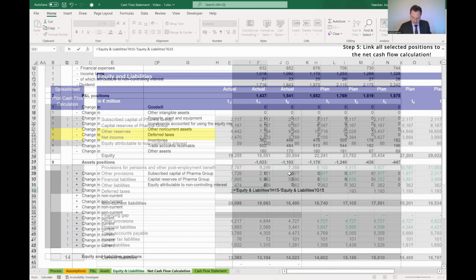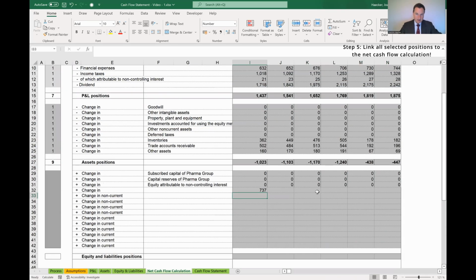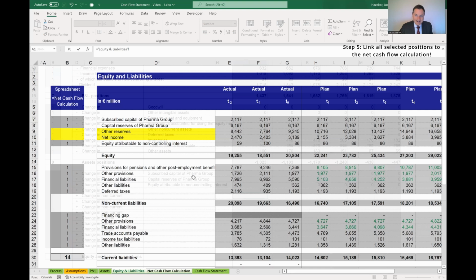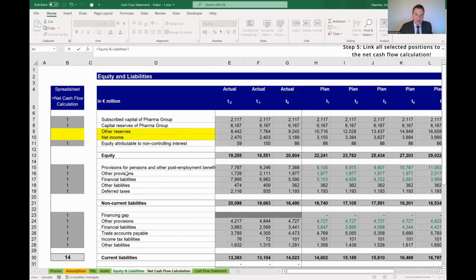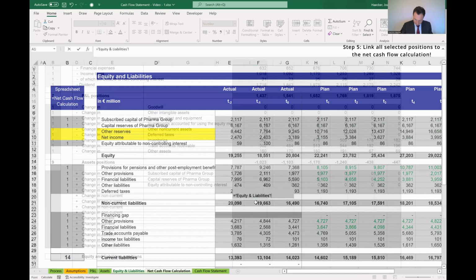It's 737. Then we take the change in other provisions, the change in other financial liabilities, the change in financial liabilities, then the change in other liabilities, and then the change in deferred taxes. So I can pull that all the way down here.